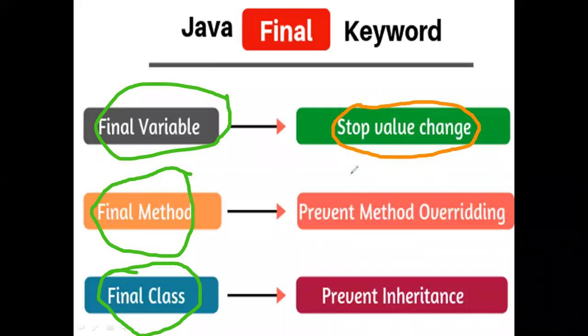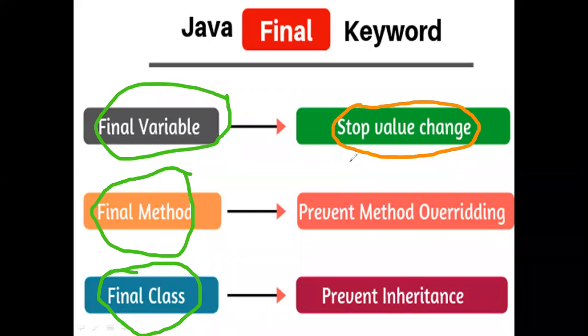For example, if we have declared final int a = 100, and after that we write a = a + b, then we cannot execute that statement, because the variable a was declared as final, which means the value inside the variable becomes constant, and no one can change it.